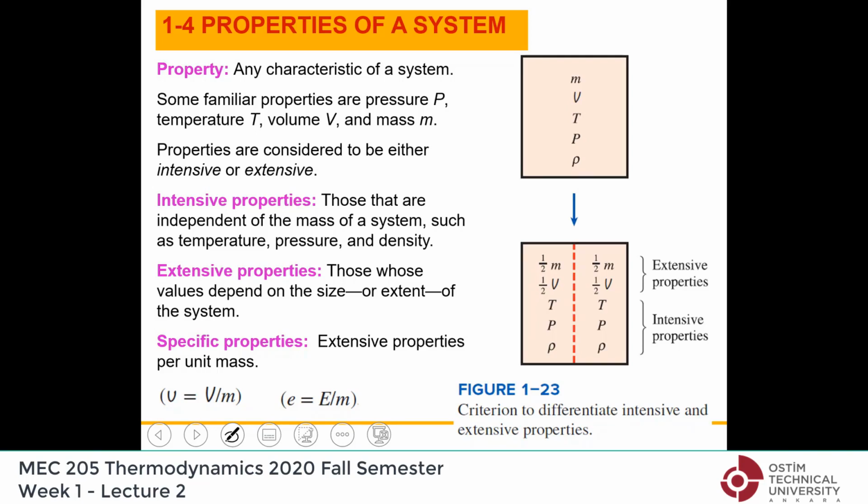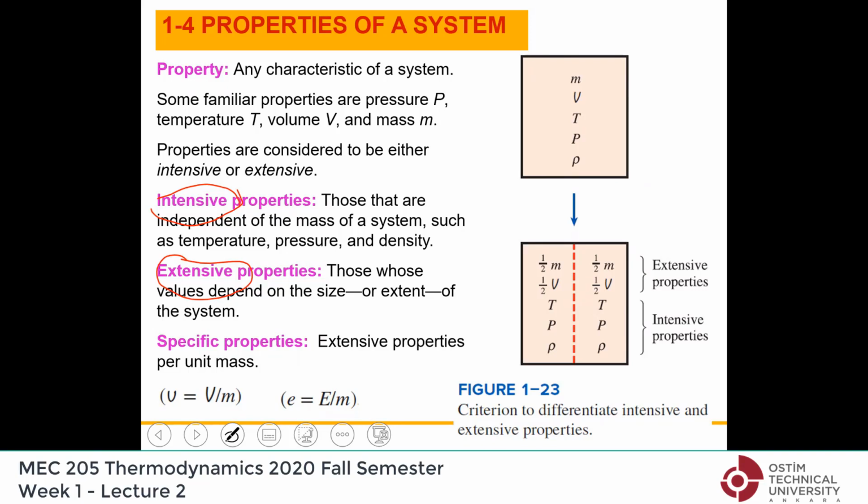Now properties. You also know properties because they are things like mass, volume, temperature, pressure, density, whatever. Now in thermodynamics, we classify them properly. We divide properties into two groups. One is intensive properties, the other extensive properties. Intensive properties are the ones that are independent of the extent of the system, that is, the mass of the system.